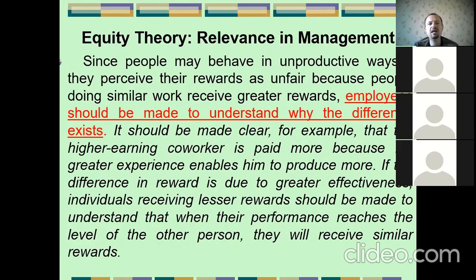The first is that it must be transparent. It must be clear for everybody why somebody has a bigger salary, because, for example, she has a bigger number of obligations. How to use this theory in management? What do you think?